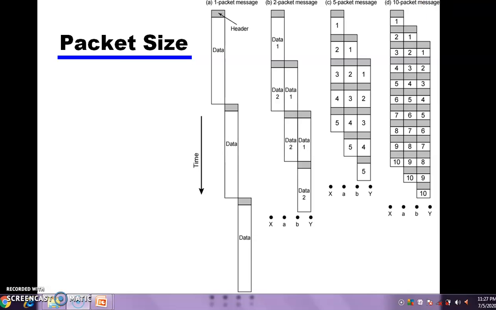But if you are using 10 packet messages, it is greater than 5 packet messages, because if you divide the message into more packets, the number of headers will increase, so the data overhead also increases, and so there will be an increase in transmission time.